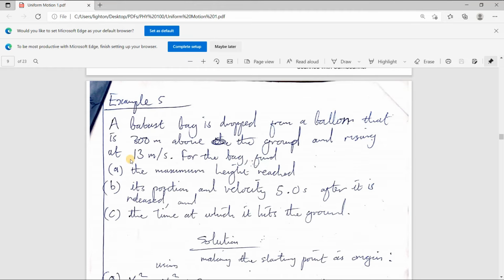Now for the bag, find the maximum height reached, of course with respect to the ground, which is 300 meters below the balloon.